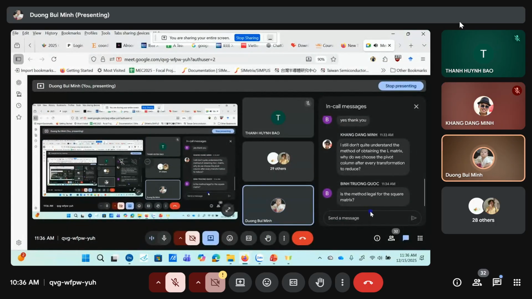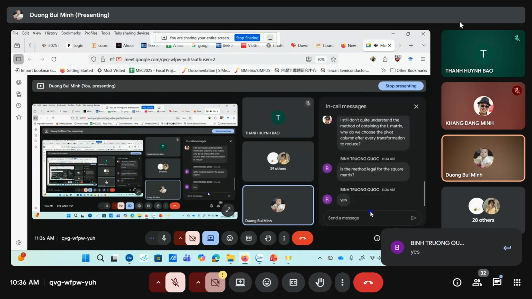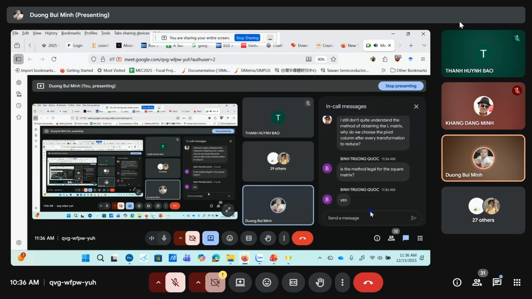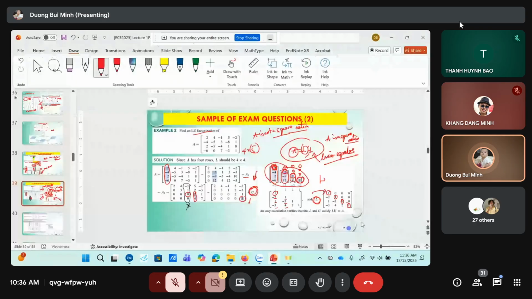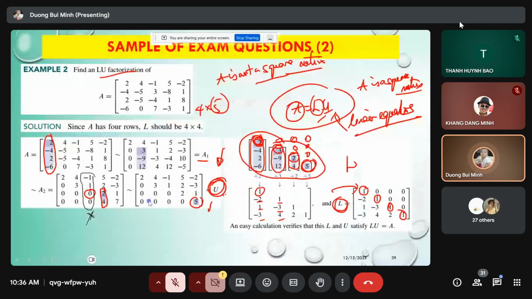Is it clear? Why do I say for the square matrix we don't have this one? Very easy.